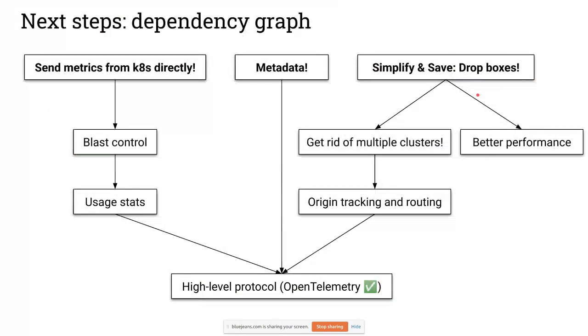And to get rid of these complex topologies and get rid of the multiple clusters, we need to have the tracking of the origin, and we also need to route by the origin. And that also requires this information to be there in the metric. And this also leads us to OpenTelemetry and a higher level protocol.